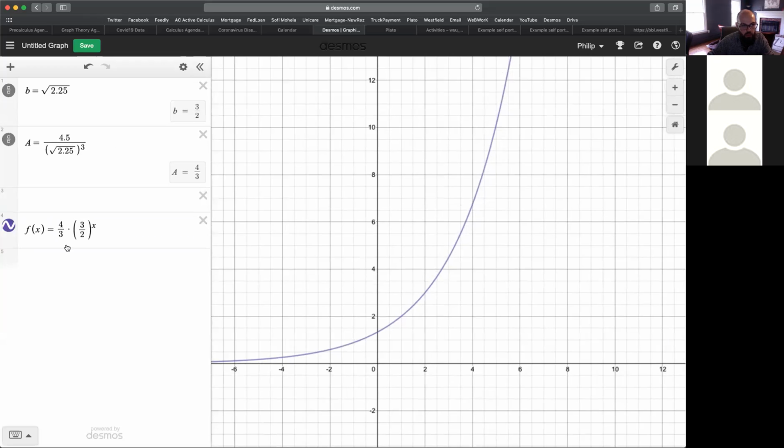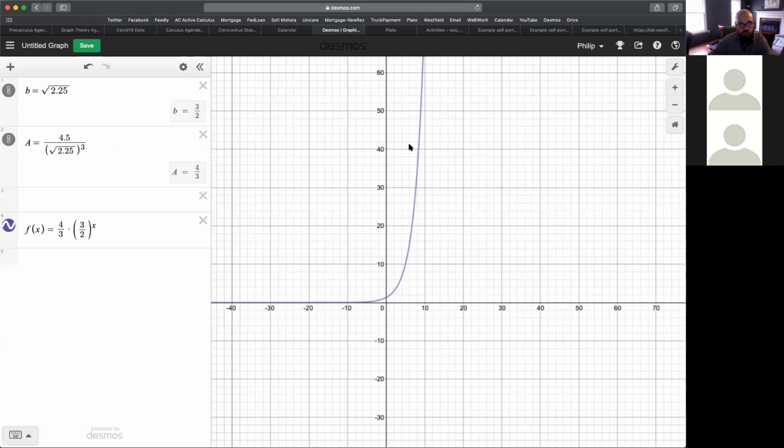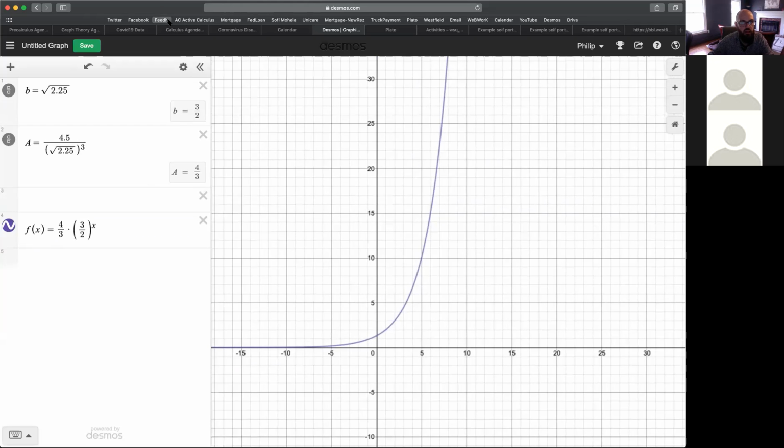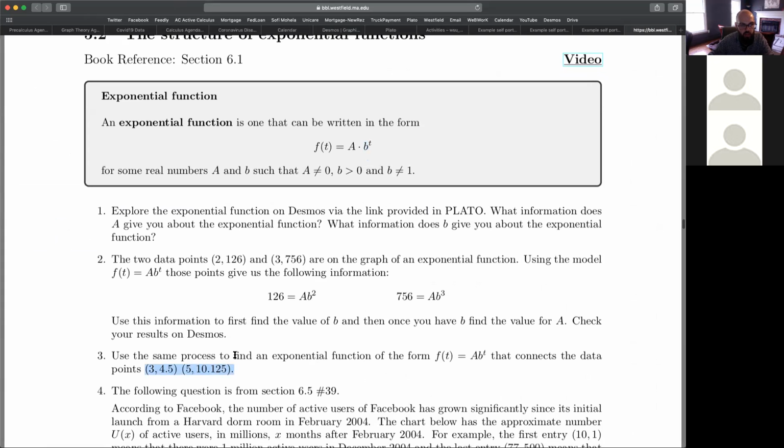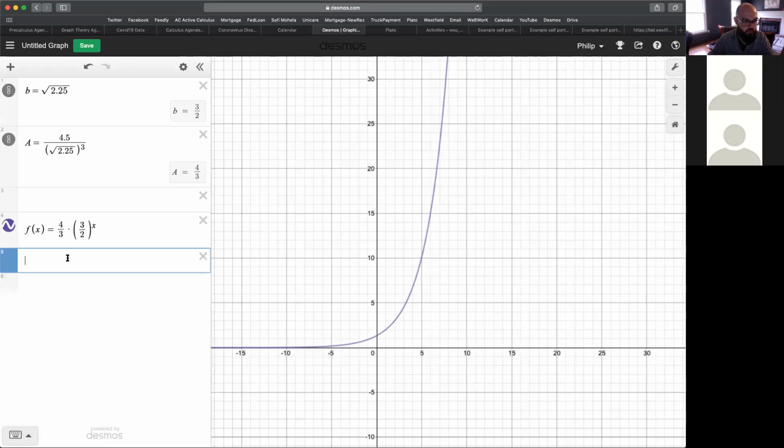And so we can see that this defines an exponential equation. We can see it growing. And if we go back to our notes, our points were 3, 4.5 and 5, 10.125. So we'll put those back in. 3, 4.5 is on our exponential function, and then 5, 10.125.